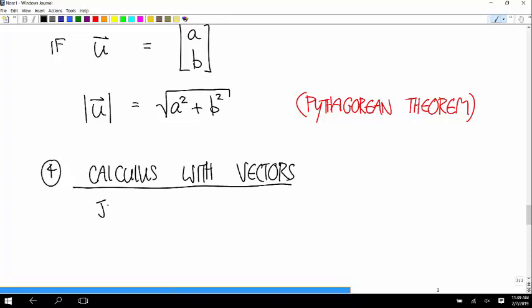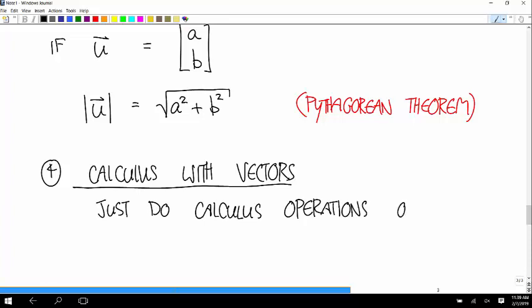So just do the calculus operations on the individual components separately.